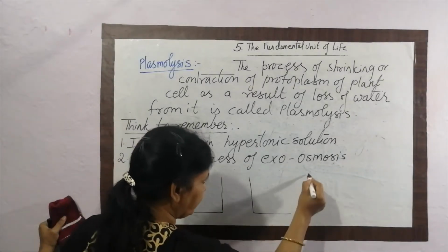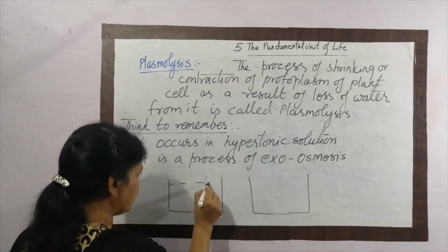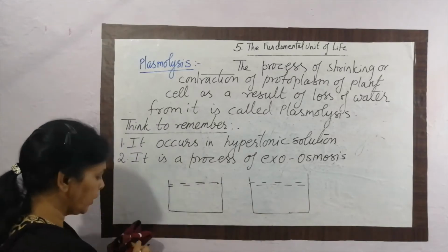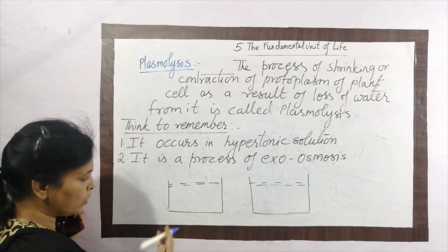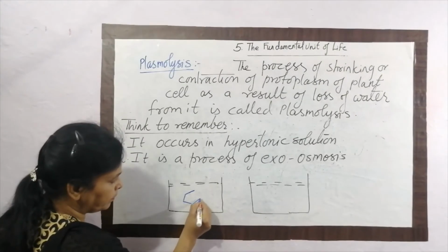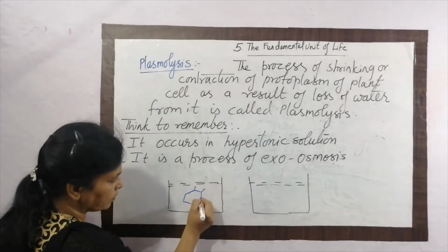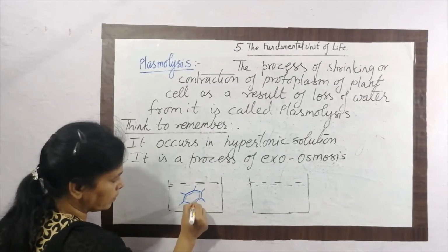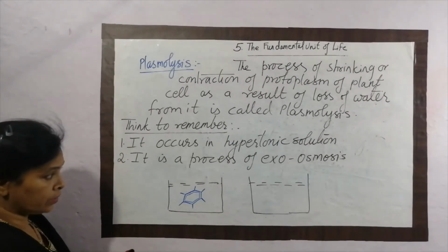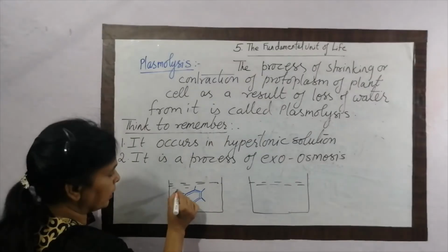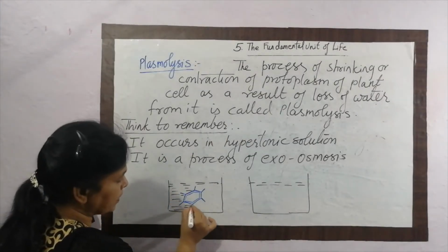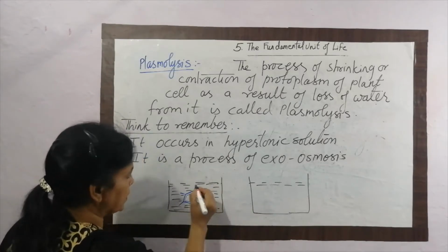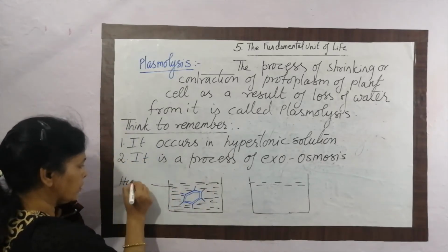Let us suppose this is a container containing hypertonic solution. Okay. And inside it we are going to place one cell. We took the hypertonic solution and inside it we placed a cell, a plant cell. Okay, this is the hypertonic solution.